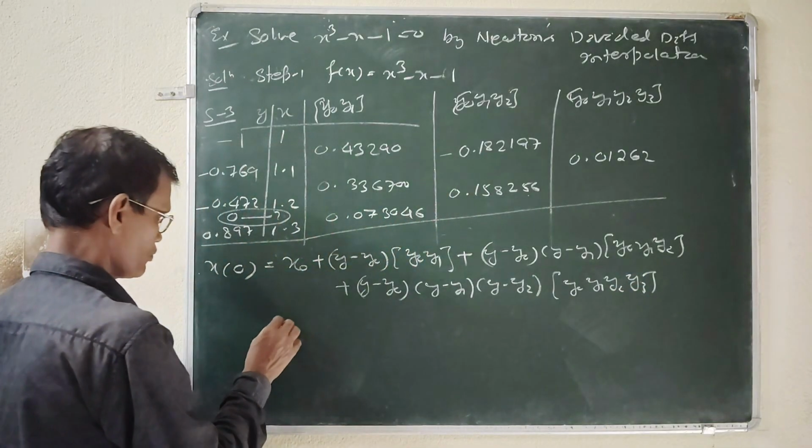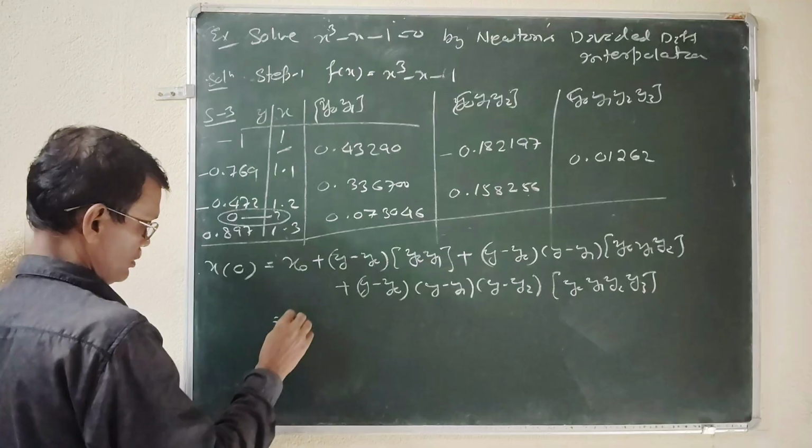Then you put the values. What is x0? x0 is 1.